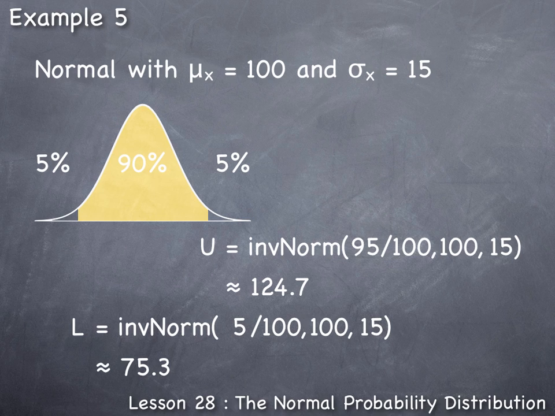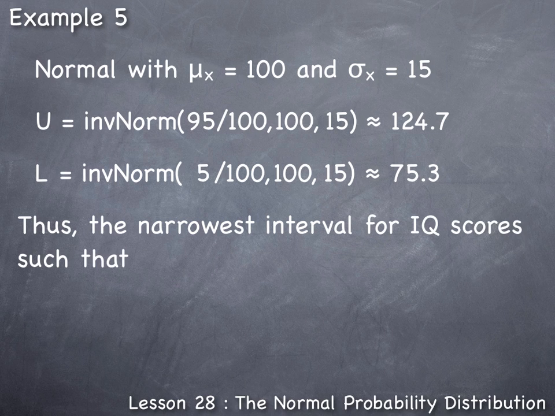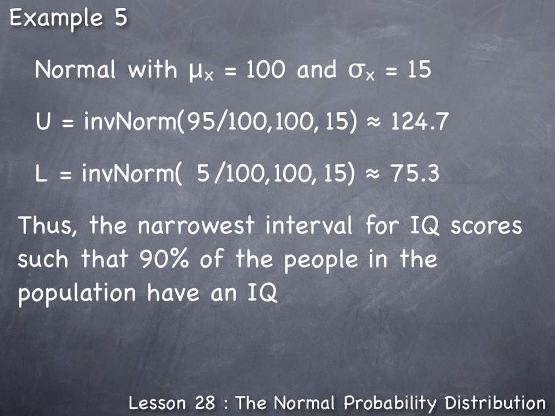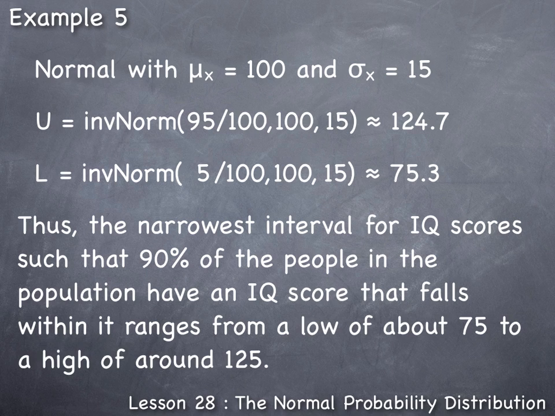Now, following the convention that IQ scores for individuals are typically represented as whole number values, we can round off the 75.3 to about 75, and we could round off the 124.7 to about 125, and give the following answer. Thus, the narrowest interval for IQ scores, such that 90% of the people in the population have an IQ score that falls within it, ranges from a low of about 75 up to a high of around 125.